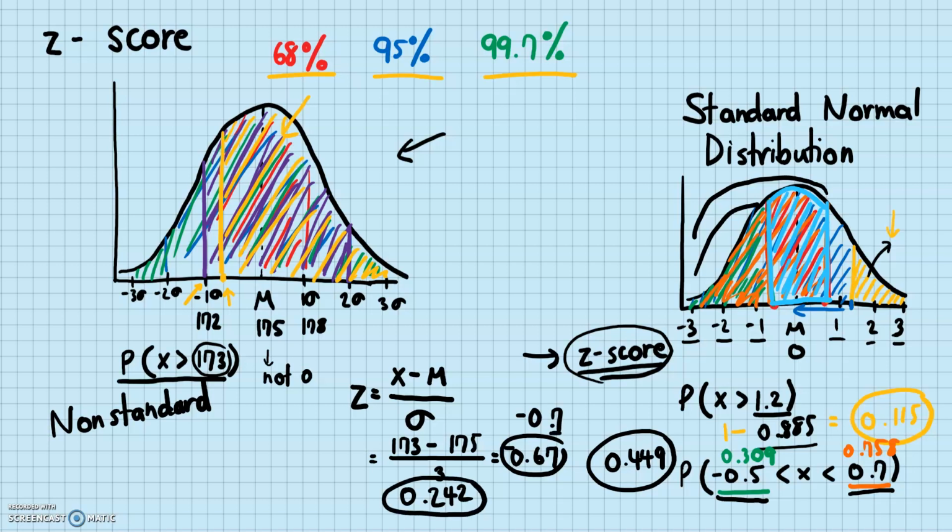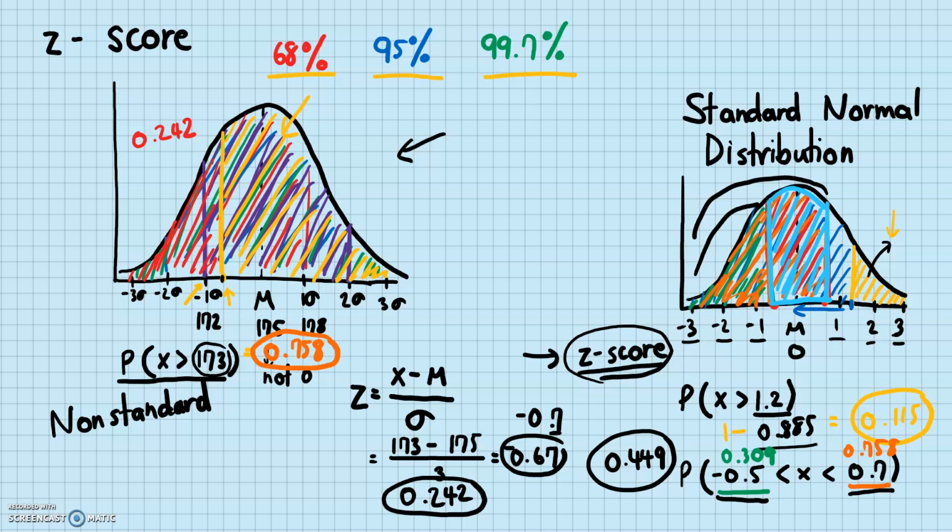So that means from this point, remember it tells you the area to the left. This area right here, the red area right here, is 0.242. So to get the yellow area, you'll just have to do 1 minus that. Okay, so that is going to equal 0.758.